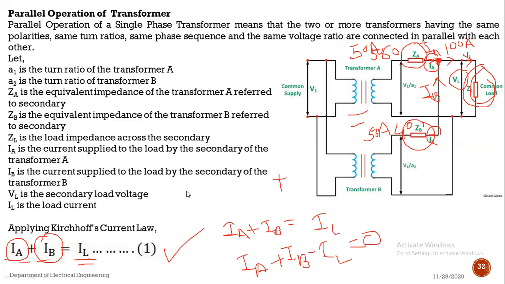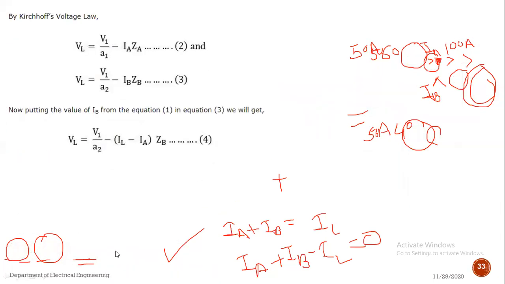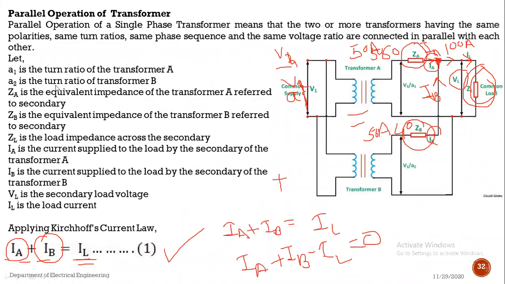Okay, now by Kirchhoff's voltage law, जर आपण Kirchhoff's voltage law apply केला, VL divided by V1, it is nothing but transformation ratio K. So transformer 1 has a transformation ratio A1. आपण पहिल्यांदा लिहिलंय transformer A has a turns ratio A1, transformer B has a turns ratio A2.